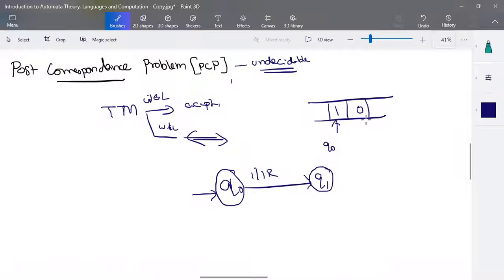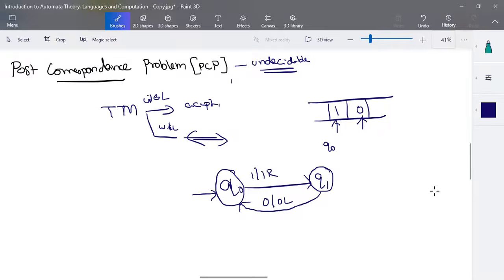In Q1, it treats the input as 0. If the input is 0, 0 will remain as it is, and it moves left. So this is a Turing machine. For some inputs, very specifically when the input is given as 1, 0, what will your Turing machine do? It will enter into an infinite loop.